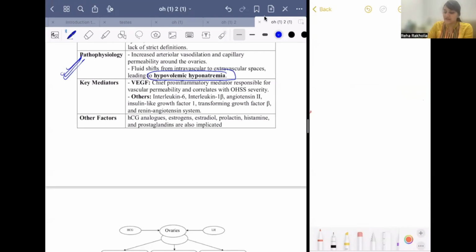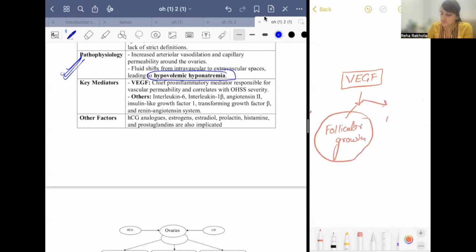VEGF is also involved in normal processes like follicular growth and angiogenesis, the formation of new blood vessels.